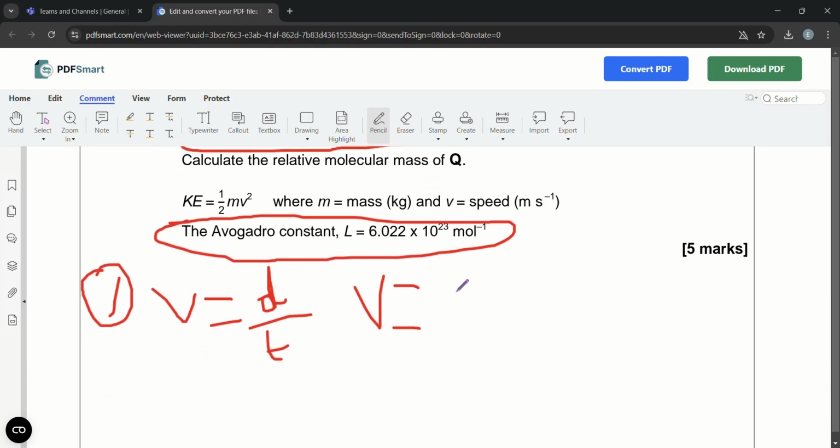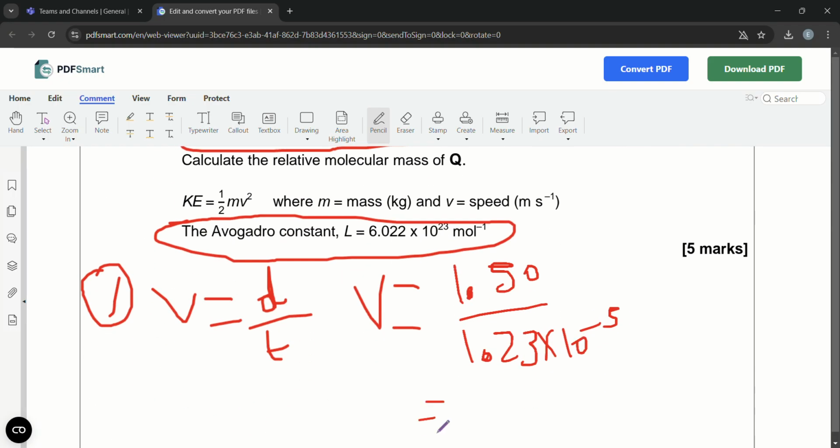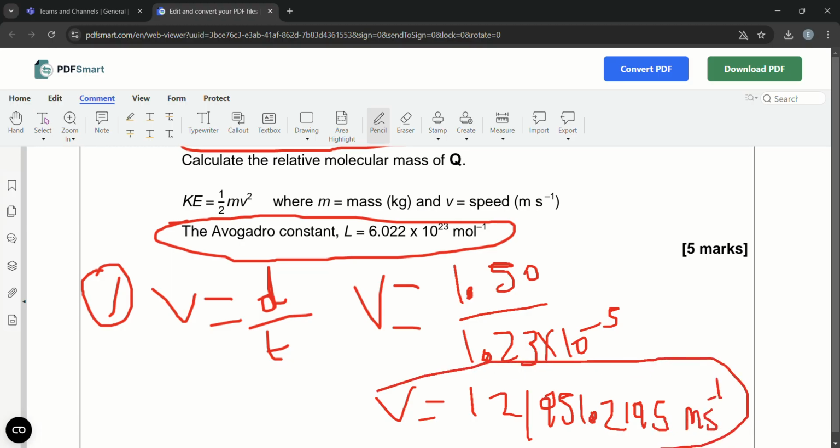So it's going to be 1.50 all over 1.23 times 10 to the power minus 5. We get 121951.2195 meters per second.